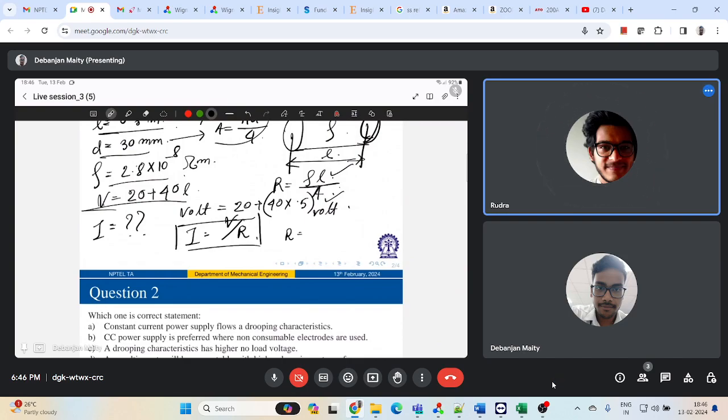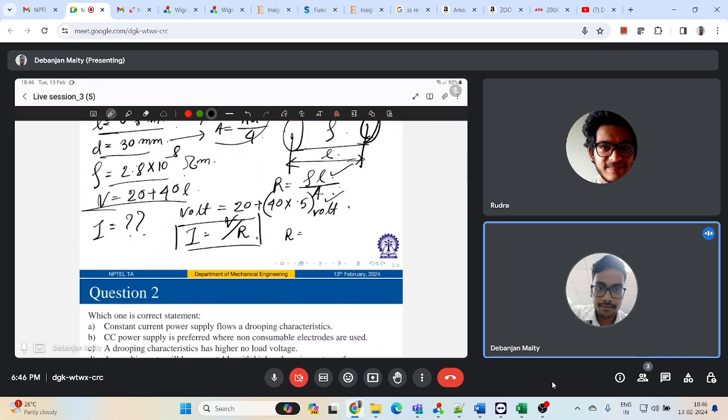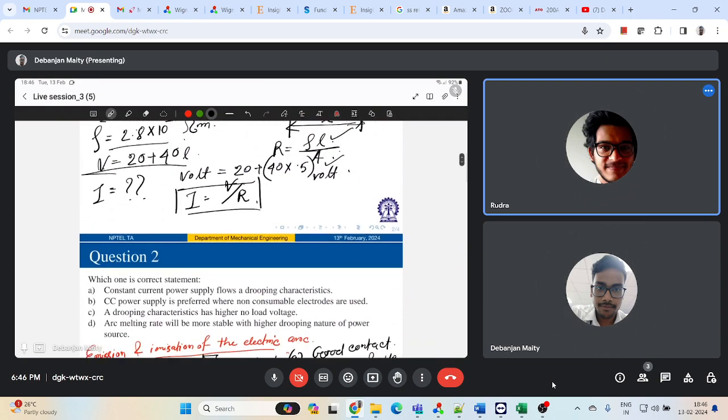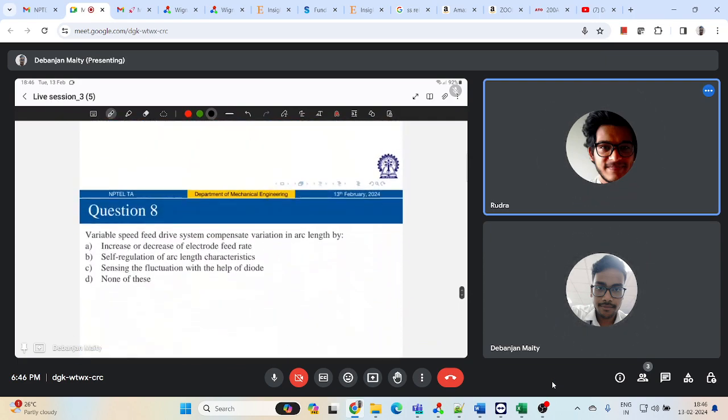If you do not have a calculator as of now, you just get the concept. Yes, I got the concept. It's straightforward. It's just that I forgot to do the d square for the 30 mm.